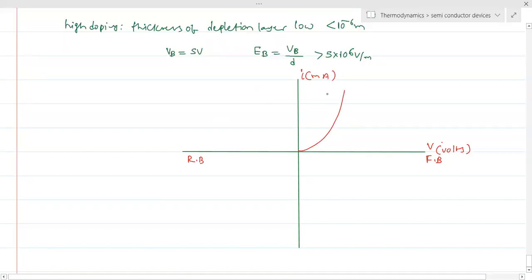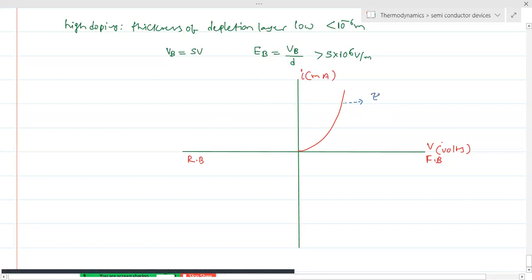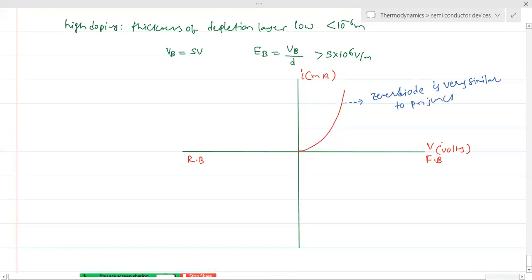We will discuss both together here. So this is the input characteristics. When we take the IV characteristics, in the forward bias, the Zener diode's character is very similar to a PN junction diode.